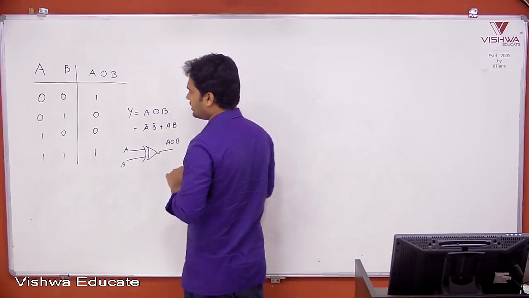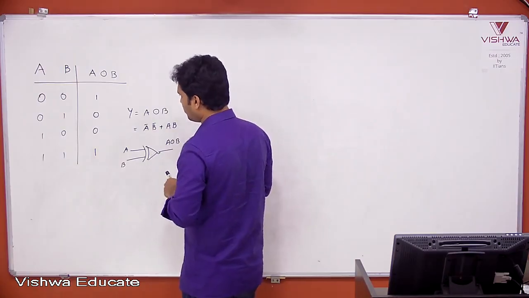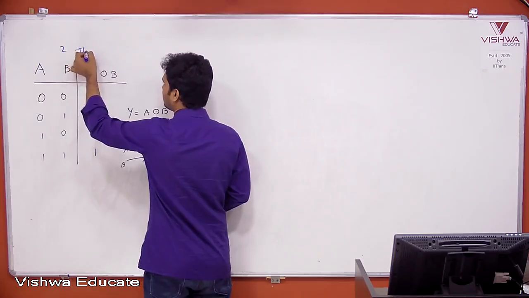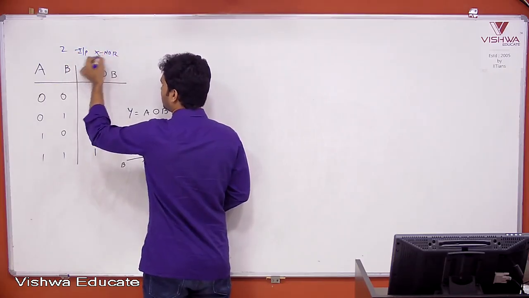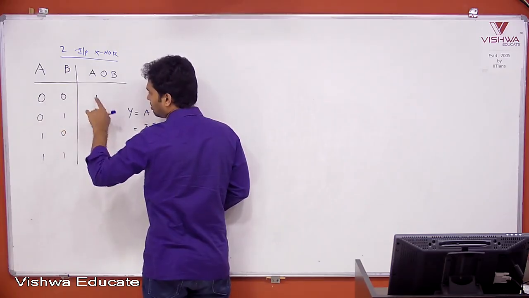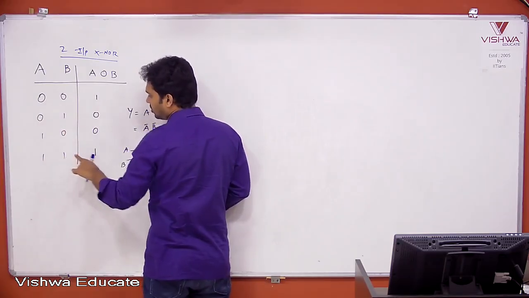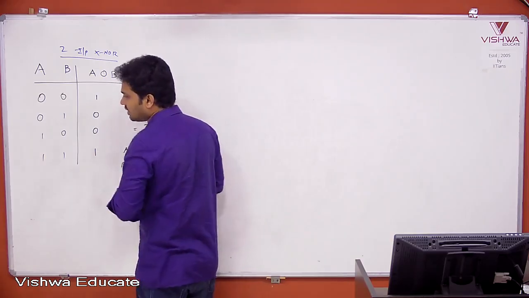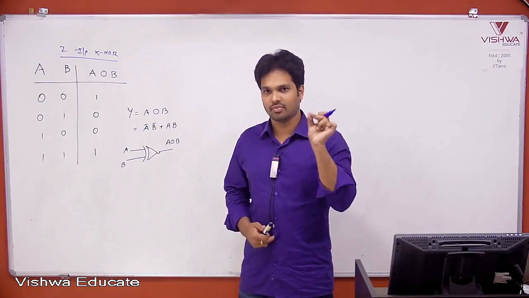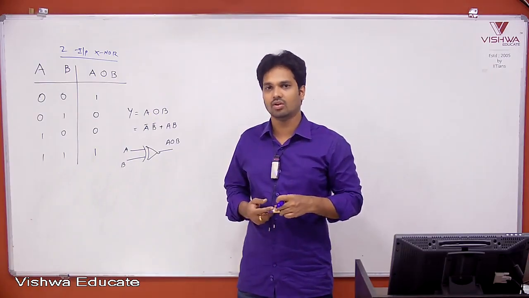One important point in the 2 input case: whenever input contains both zeros, output is 1. When input contains both ones, output is 1. So whenever my input is same for both the cases, then the output is 1.